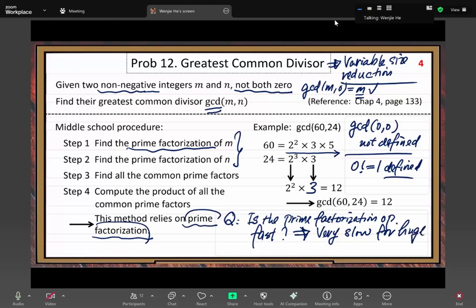Not for small numbers. The reason we do this here is that these numbers are too small. But can you think about huge numbers, where the prime factorization operation is extremely slow?